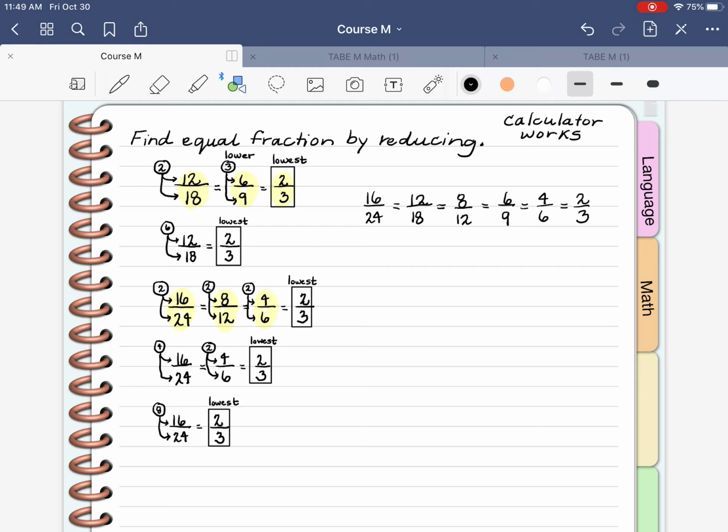All of those are saying the same thing. They're in different terms. We have 24ths, 18ths, 12ths, 9ths, 6ths, I can't say that word, and thirds.